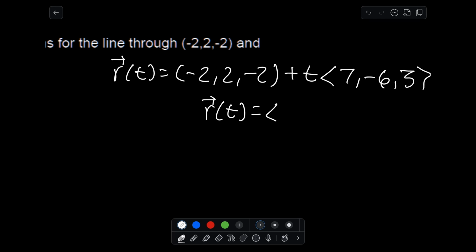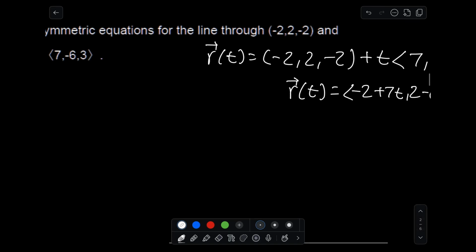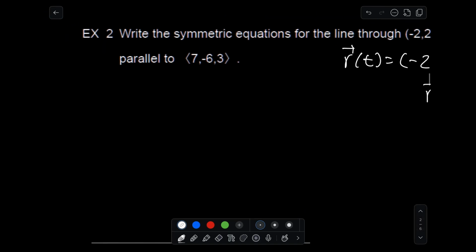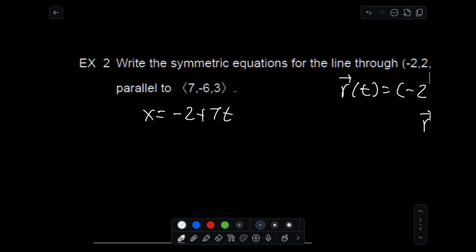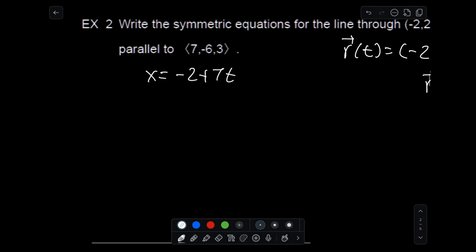Now we can say that it's going to be (-2 plus 7t, 2 minus 6t, -2 plus 3t), right? And then we know that x equals -2 plus 7t.